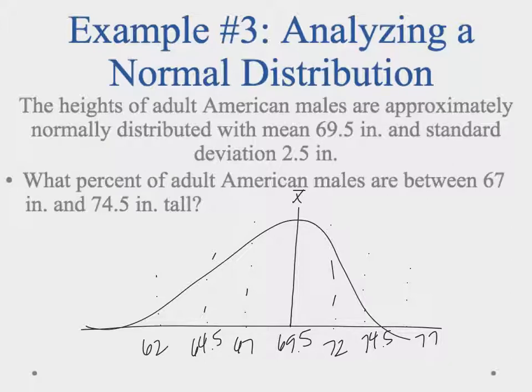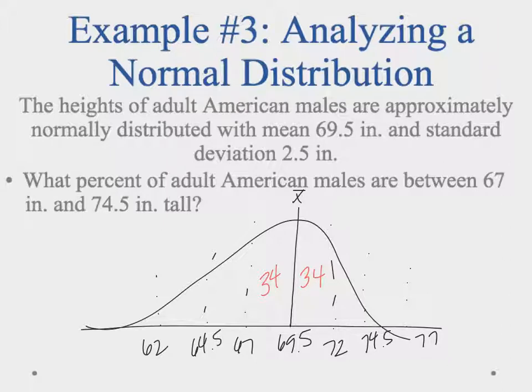Now, if you remember on that previous screen, I told you within one standard deviation, that's a totally different lesson, it is 68%, or in other words, this is 34% and this is 34%. And then the next set, within 2 standard deviations, is going to encompass 95% total.